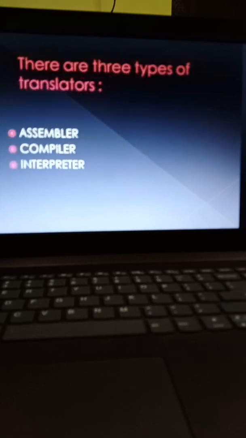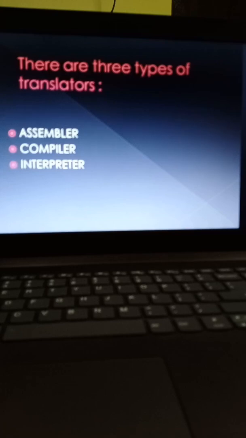So there are three types of translator: assembler, compiler, interpreter. So what is an assembler? An assembler converts a program written in assembly-level language into machine-level language, that is assembly code into machine code.